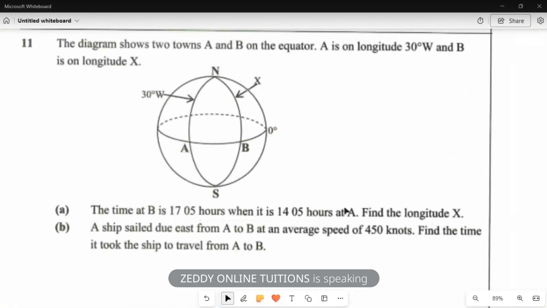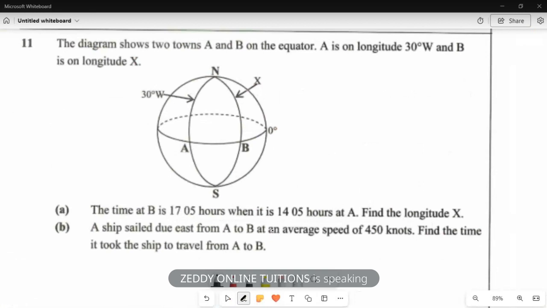Okay, so for us to find longitude X, I'll just try to speed through and make you understand how we go about such questions. First, since we've been given time, we find the difference in time. Between 17 and 14, how many hours are there?